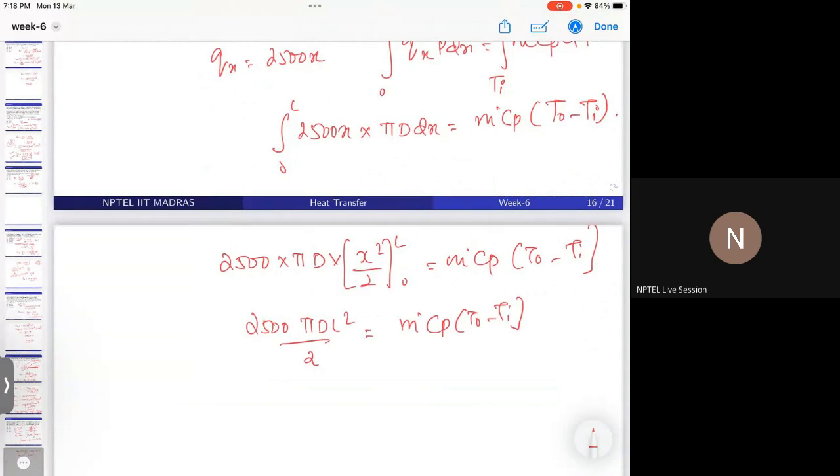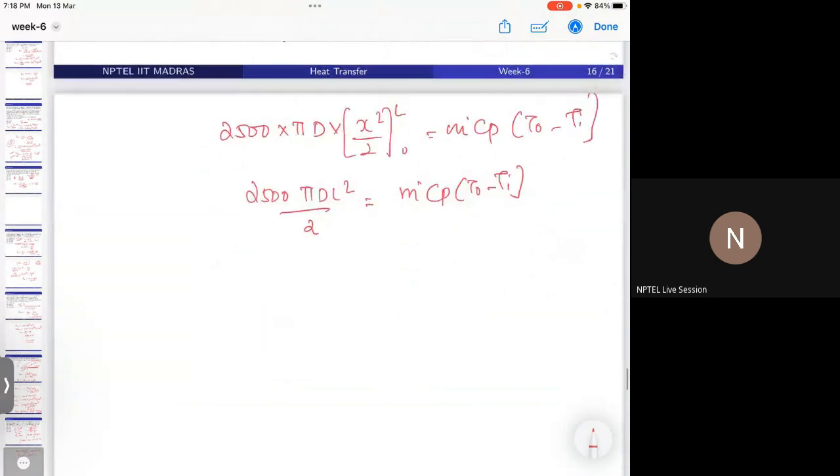So now you have the solution, because we first wanted to find To, which is equal to 1250 pi d L square by m dot cp plus Ti. Okay.